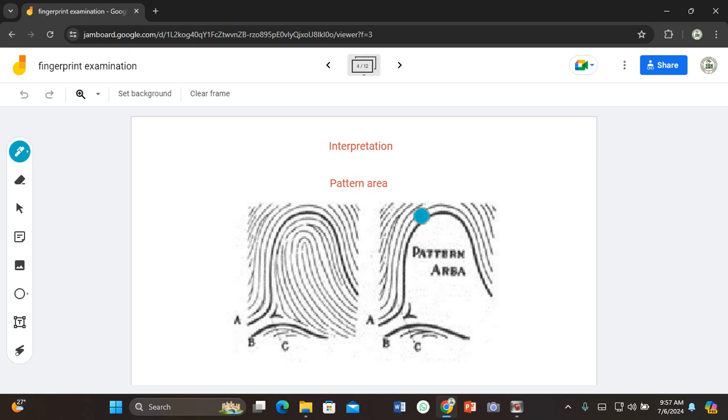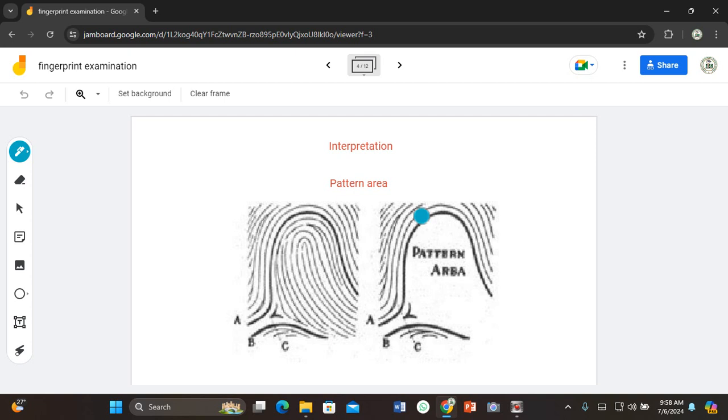The pattern area is that part of a loop or whorl in which appear the cores, the deltas, and the ridges with which we are concerned in classifying. What we are saying is that when we want to classify a fingerprint, there are parts of it that we need to concentrate our attention on before we do the classification. And that is the cores, the deltas, and the ridges between them.